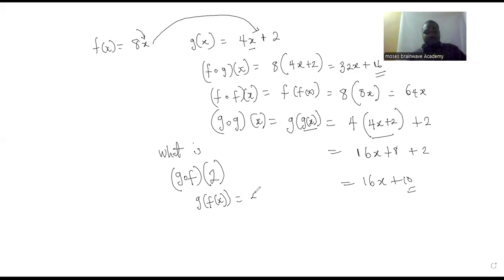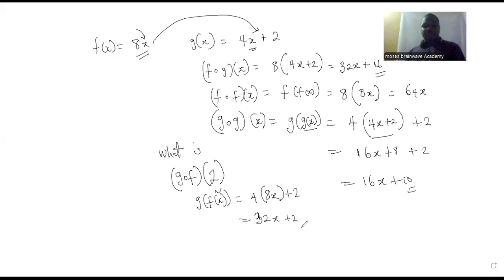So this is going to be 4 into, instead of putting just x, I'm putting f of x. So f of x is what? 8x. So I have 8x, right? Then plus 2. This is supposed to be 32. Good. 32x then plus 2.